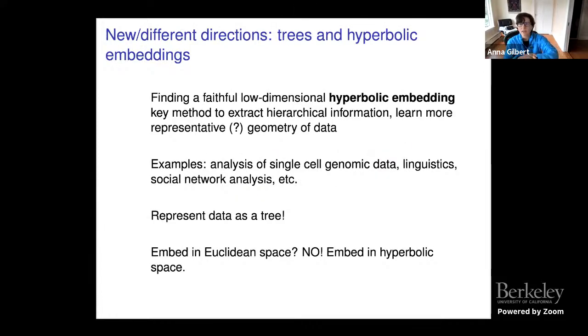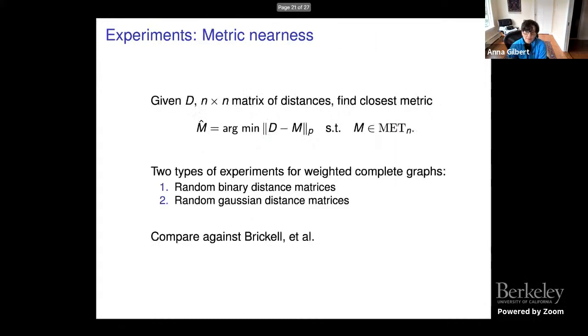Okay, so I have just a very few minutes, and I want to talk about a couple of other directions that, A, we went in, and B, sort of inspired this original work.